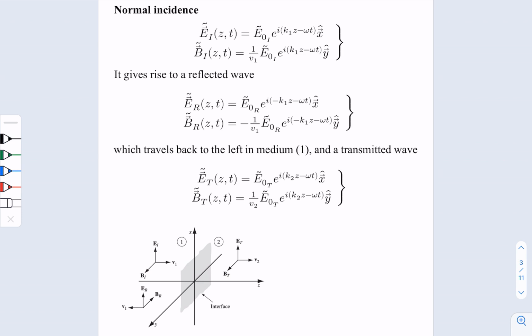And for the reflected wave, we have to be careful that the B field actually takes an additional minus sign, and that is because the Poynting vector of the reflected light is coming in the opposite direction of the Poynting vector for the incident light. So here we have to let x cross minus y be along the direction of minus z. So the B has to be along the minus y direction.